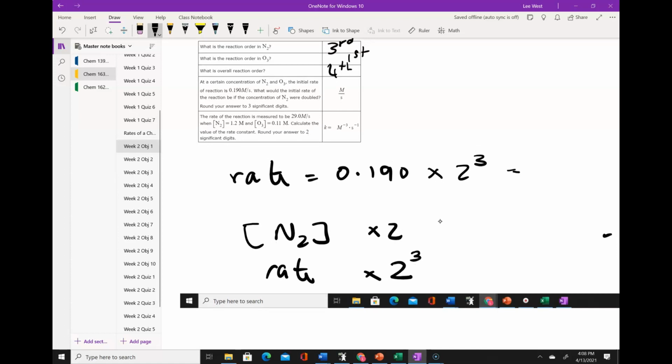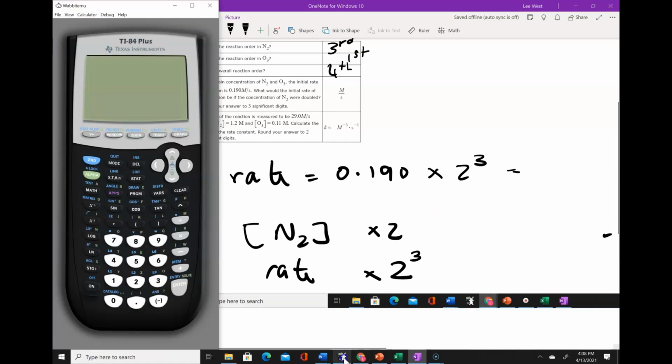We want this in 3 significant figures, 0.19 times 2 to the 3, or times 8. 0.19 times 2 to the 3, enter. 1.52, and then the units are already given, so we don't have to worry about that.